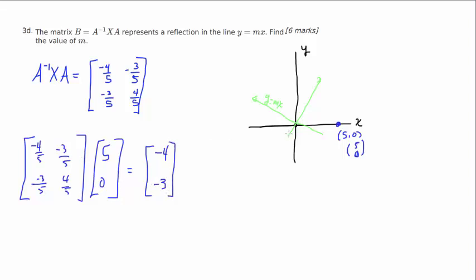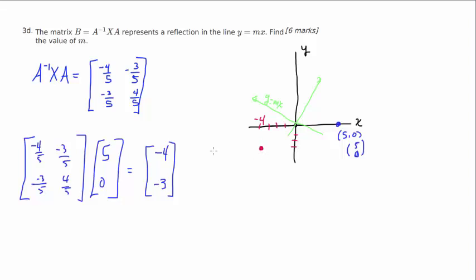So when I multiply this matrix times that point, its image is over here, 1, 2, 3, and 1, 2, 3.